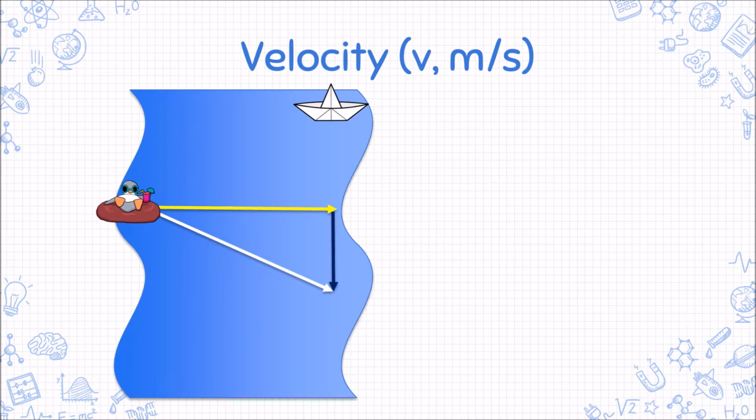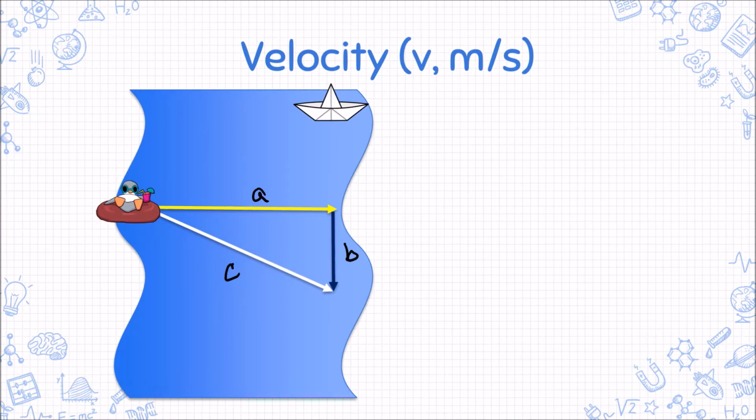And the way we would calculate that white vector is a squared plus b squared equals c squared, which is the Pythagorean theorem. One of the legs, let's say the yellow one, we would make that side a, this side would be b, and this side would be c, our hypotenuse.